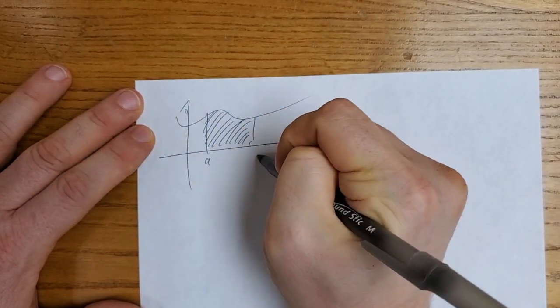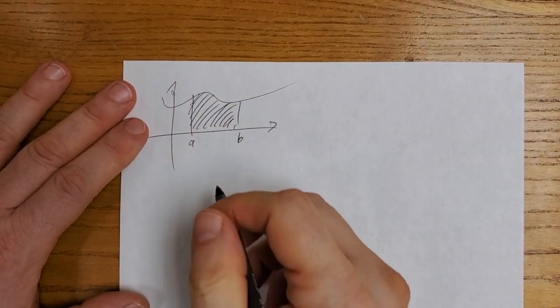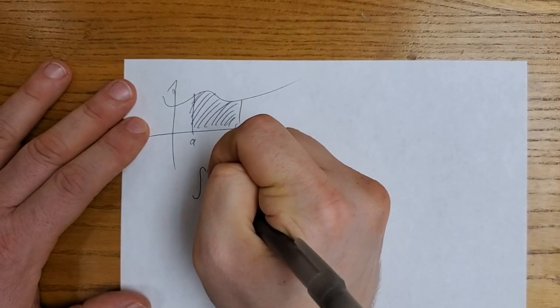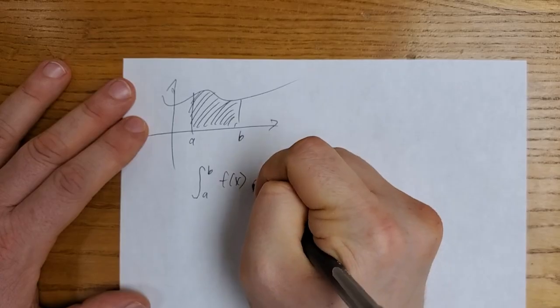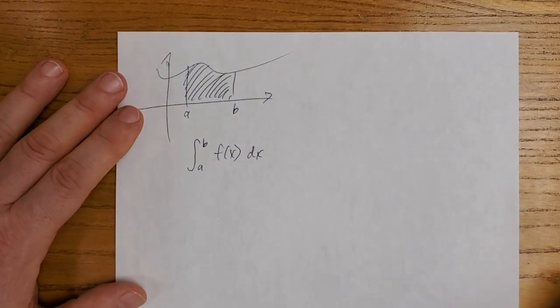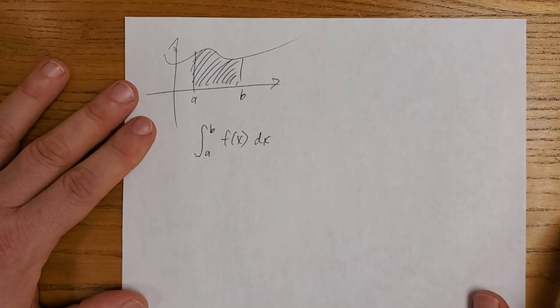You call it x equals a and x equals b, and that's depicted this way. You have some function, and you usually write in dx just to show that you have a derivative that you're going to be undoing, right?